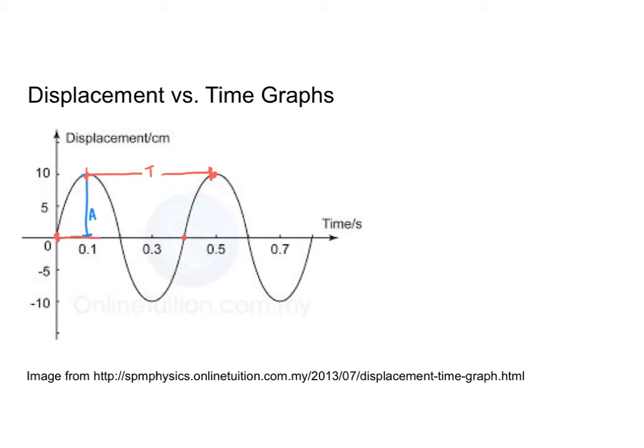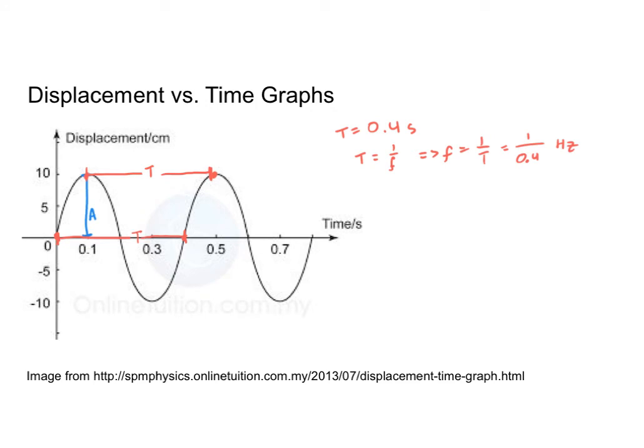And again, that is also going to be one full period, which, as you can see on my graph, is 0.4 seconds. And I can see that by looking at the distance from 0 to 0.4, or from 0.1 to 0.5. I can also use that to find my frequency by saying that my period is equal to 1 over my frequency. Thus, my frequency is equal to 1 over my period, or 1 over 0.4 hertz. I could also finish solving that out. I'm not going to do that right now, though.